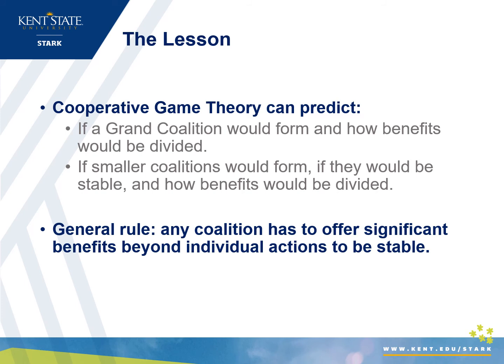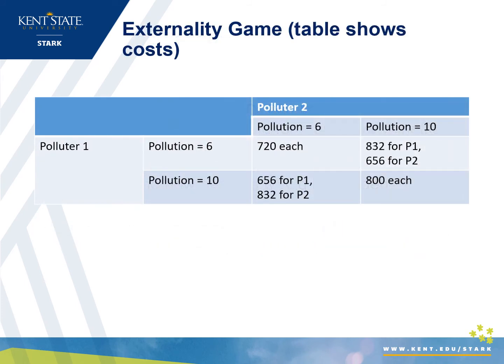Okay, so this would be a case where if we start out with something that looks like a prisoner's dilemma, often you'll find that you can have a Grand Coalition that comes together. Right, so this would be a case of something like the externality game. So we can imagine these two players deciding, well, why don't we just form an agreement that we're each going to produce 6?